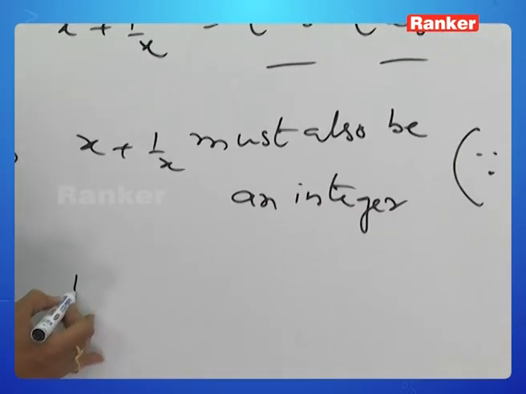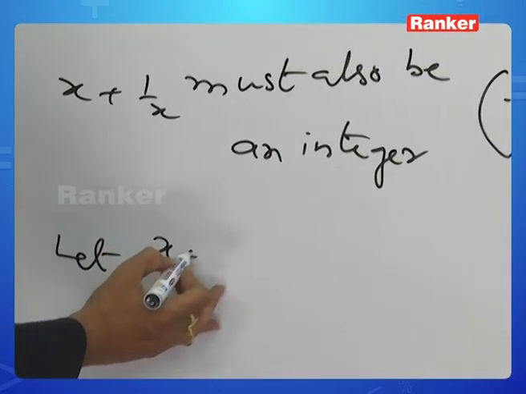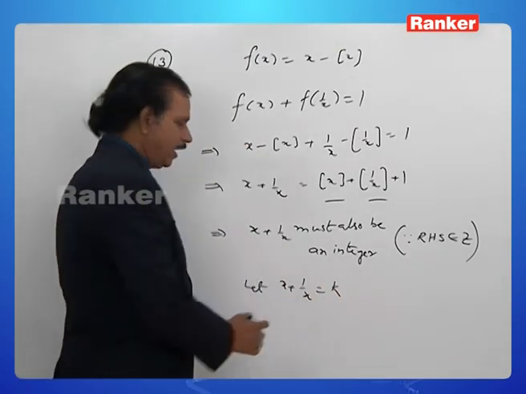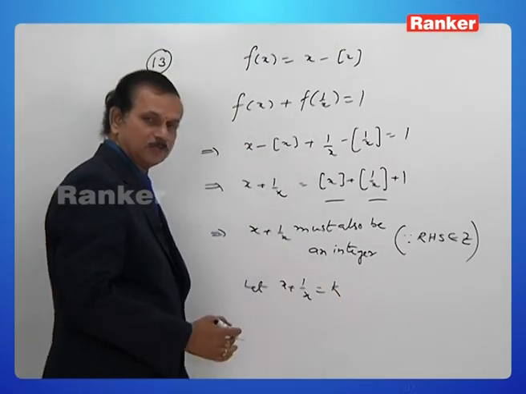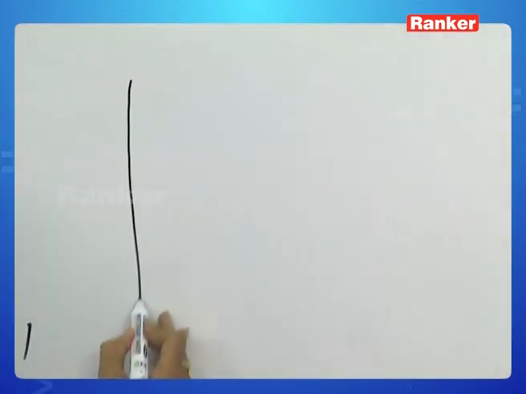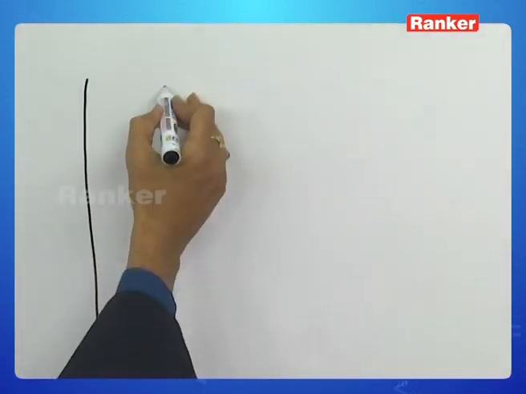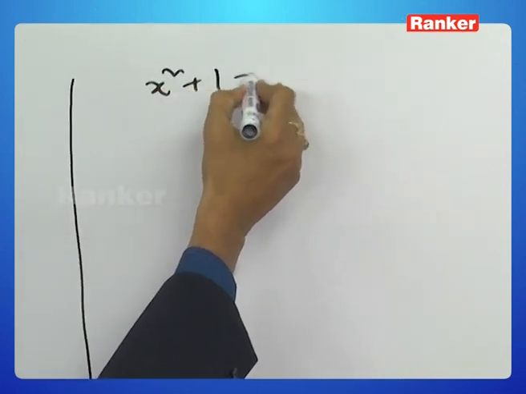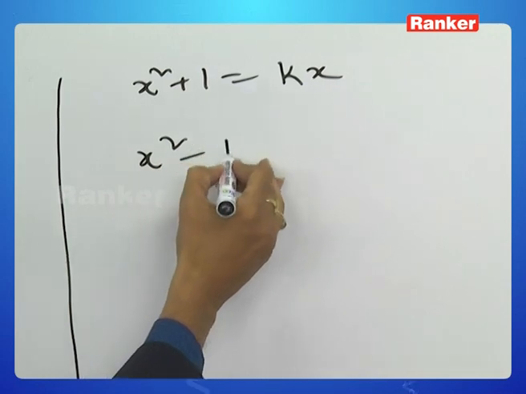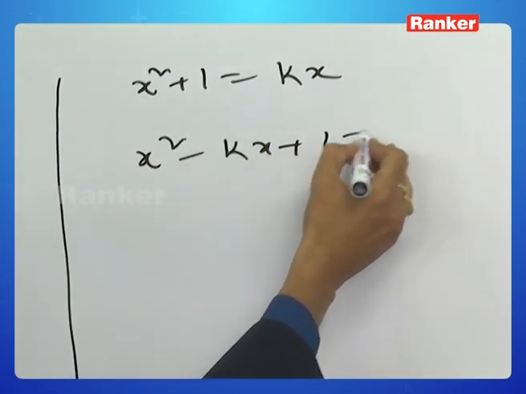Let that integer be some k. Let us multiply this on both sides with x and see what happens. x square plus 1 is equal to kx, or x square minus kx plus 1 is equal to 0.